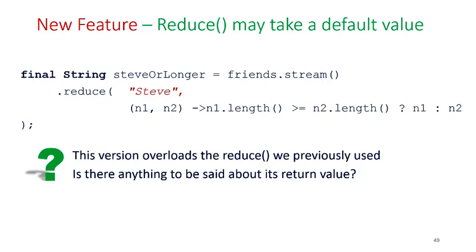So it's kind of more natural, okay? It's kind of subjective, I'll give you that, but to me it feels a little bit more natural, because what you are saying is, okay, I bootstrap my process with Steve as a result. Now look at the first element. Now look at the result of this and the second element. Result of this, third element, and so on and so forth, okay?